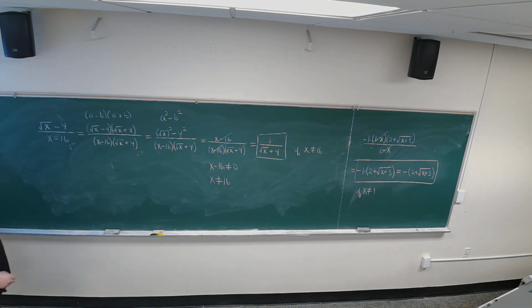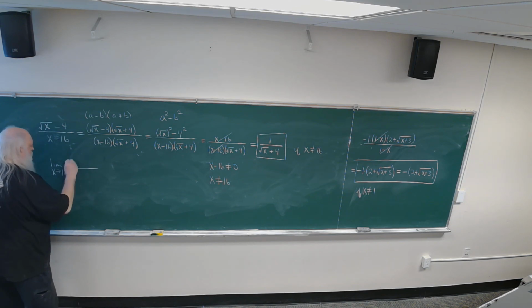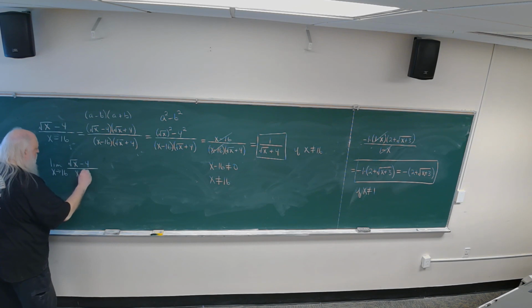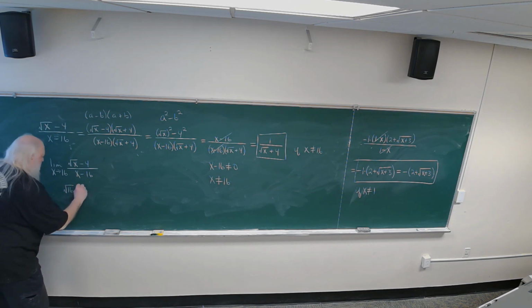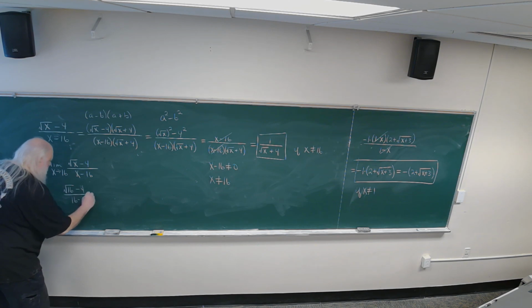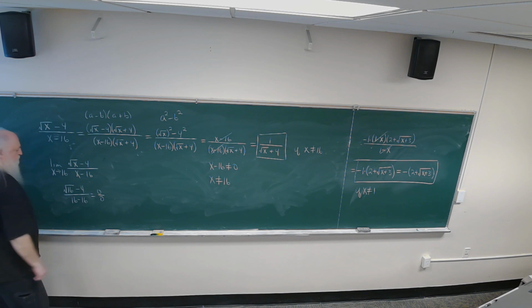Okay. So now we can evaluate the limit. The limit as x approaches 16 of square root of x minus 4 over x minus 16. And so when we do the direct substitution, we have square root of 16 minus 4 over 16 minus 16, which is equal to 0 divided by 0, which is undefined.